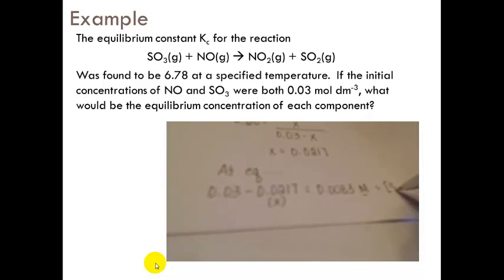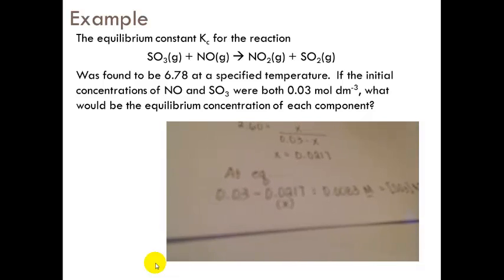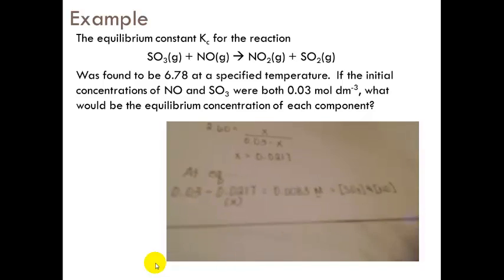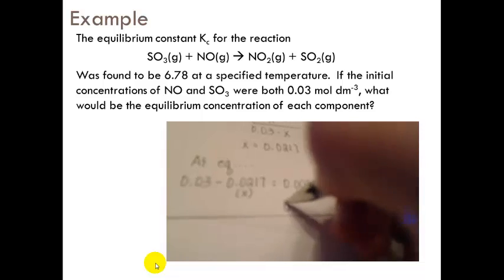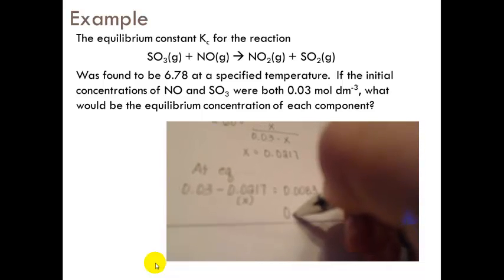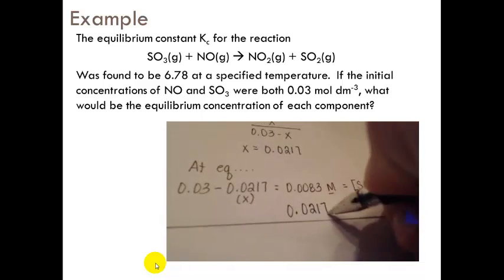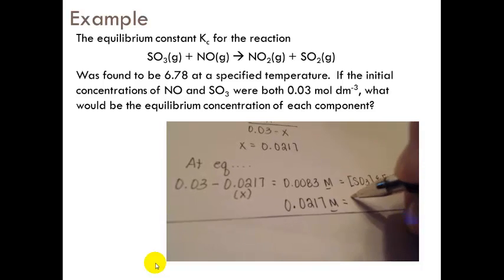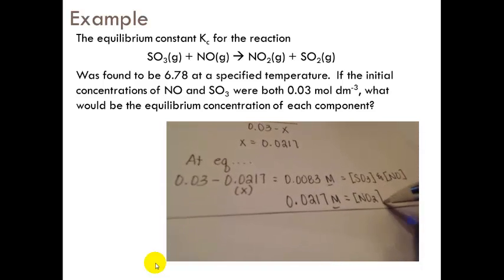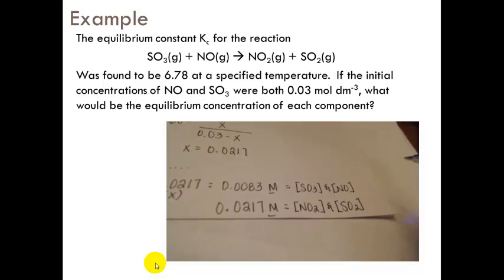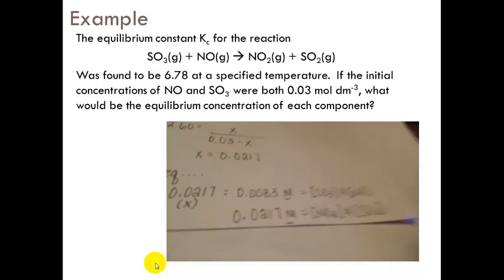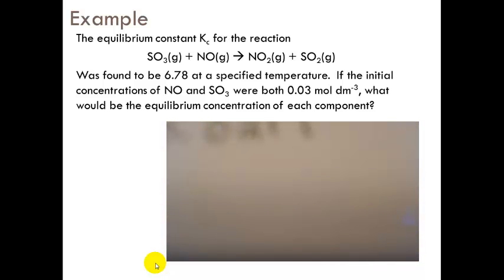So that's SO3 and NO. The equilibrium concentration of the products was just X. So 0.022 molar is going to be the concentration of NO2 and SO2. Do not forget to go back and find the equilibrium concentrations. Many people leave this as just the X, and that is wrong because that's not what the question is asking.